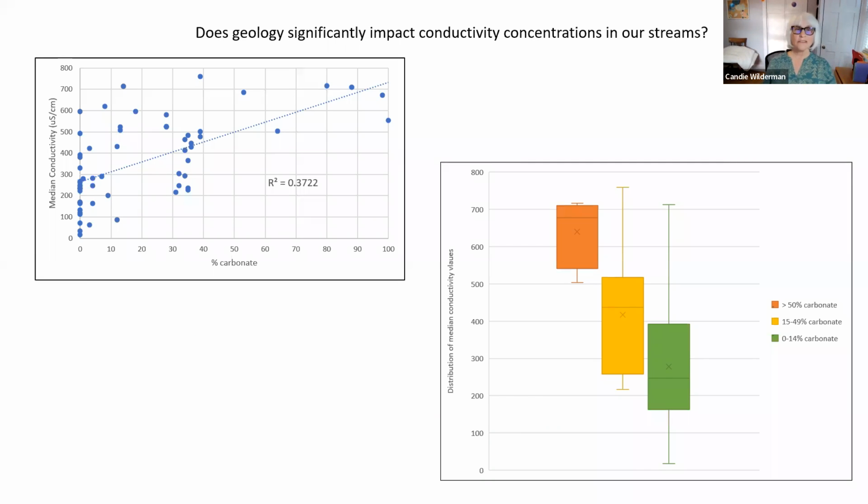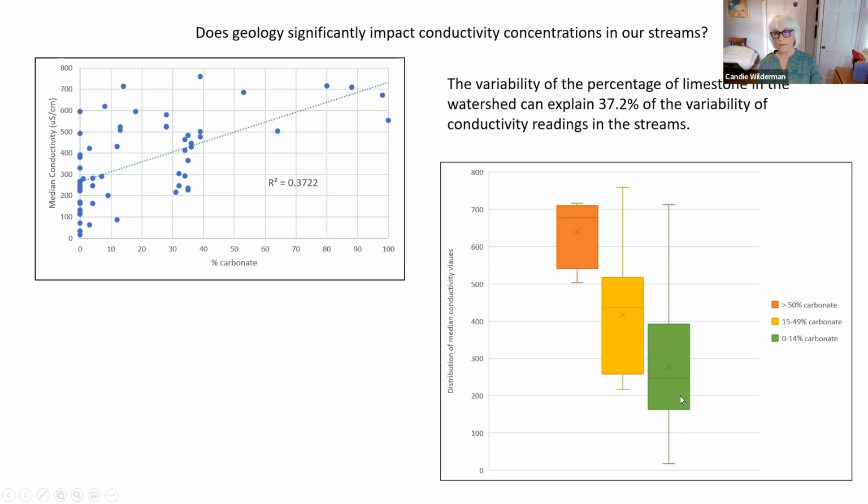Okay, does geology significantly impact median conductivity? And so we looked at percent carbonate against median conductivity. And as many of you mentioned in your talks, indeed, there is a relationship there. And here are the box and whisker plots.